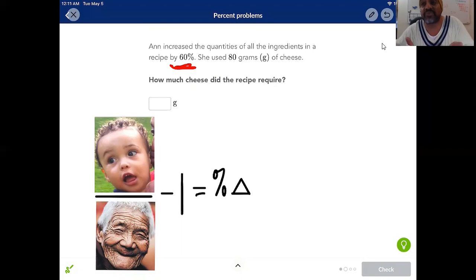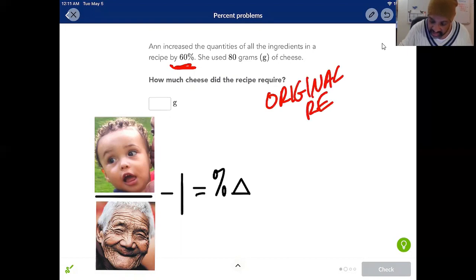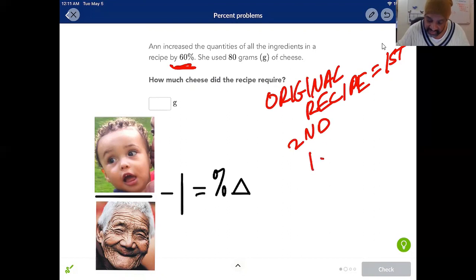So the original recipe is first, and then when she increased it, that's second. Now it says how much cheese did the original recipe require?